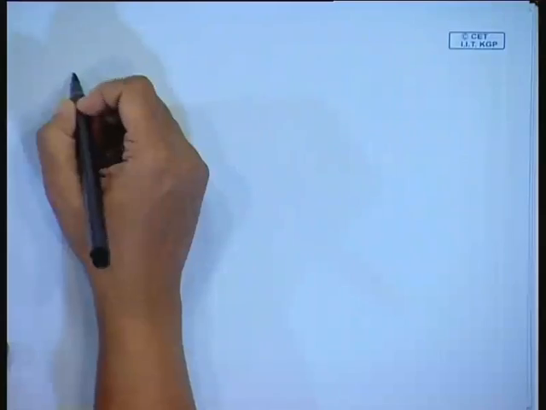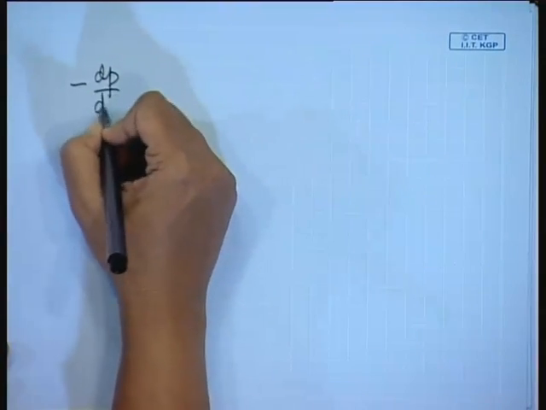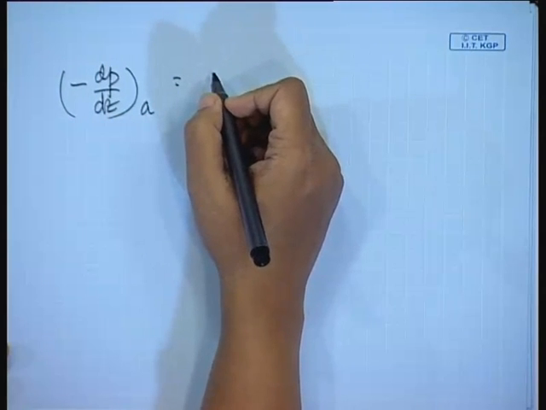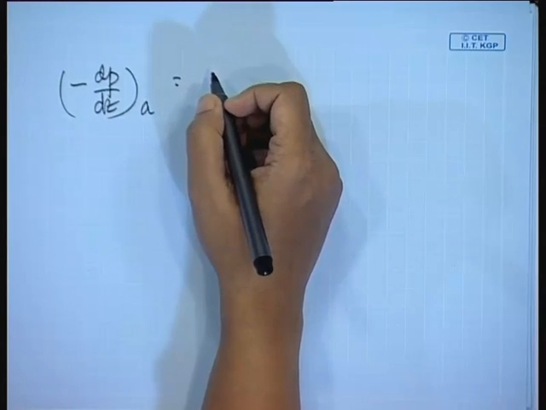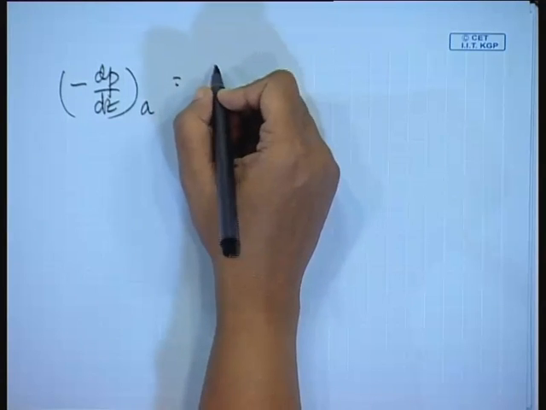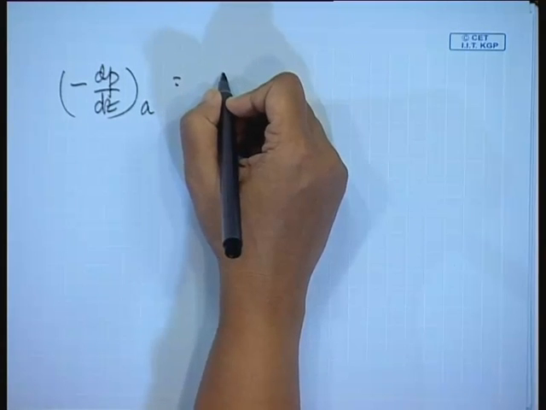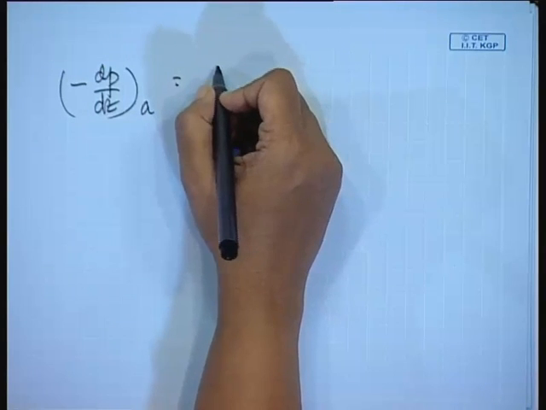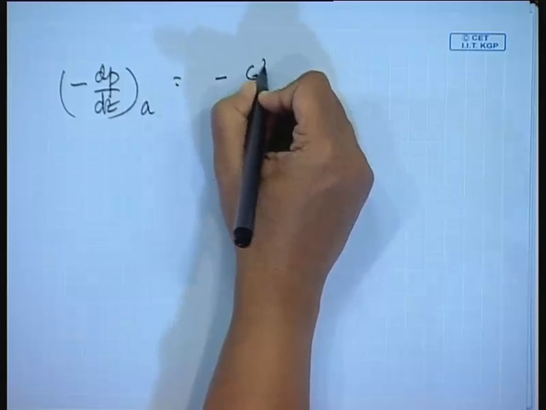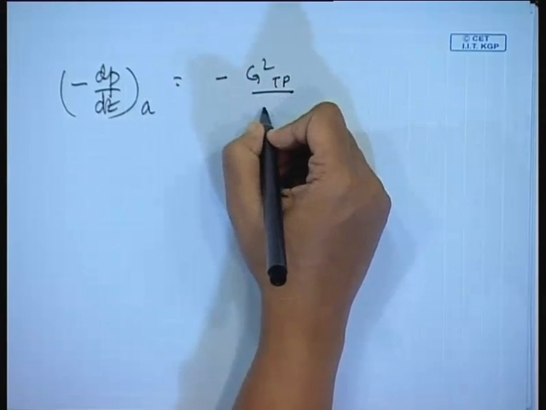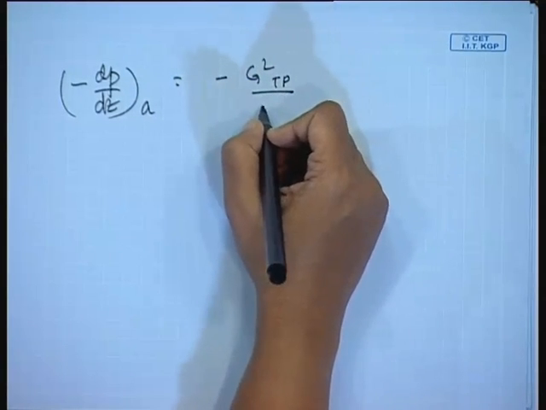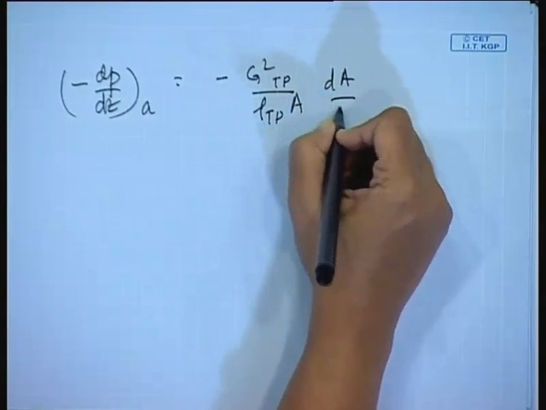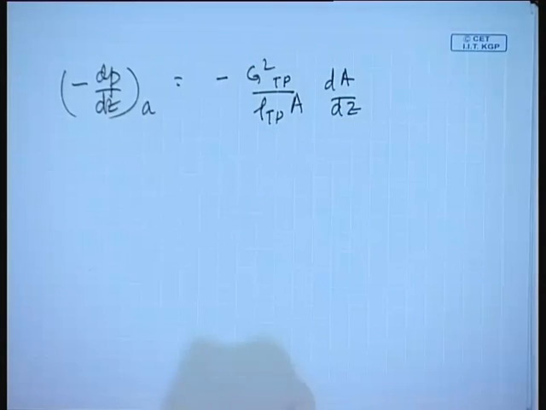So, from this particular situation, what we get is specifically equal to minus G squared_TP by rho_TP A dA/dz, isn't it?